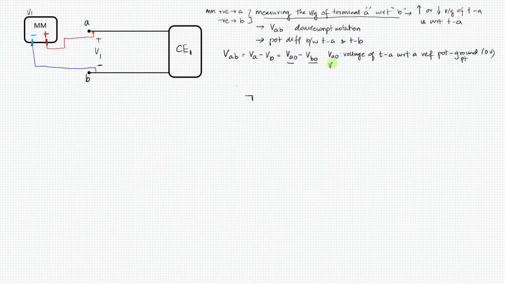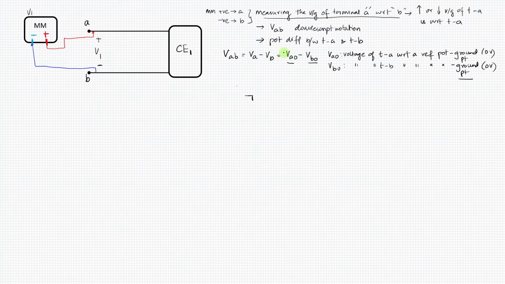And VB0 is the voltage of terminal B with respect to a reference potential, which is usually our ground potential, or 0 volt.